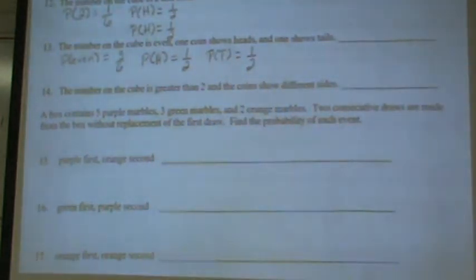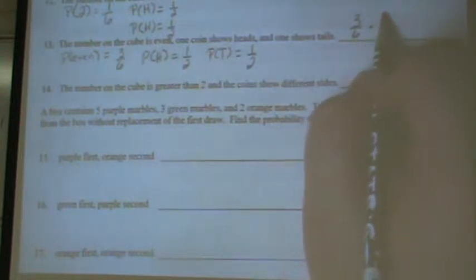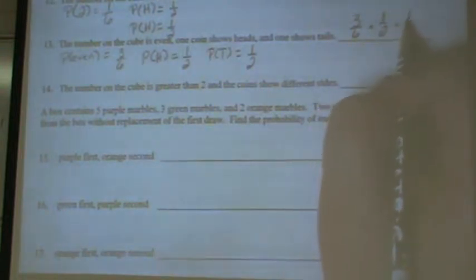The probability of getting heads on the first coin is 1/2, and the probability of getting tails on the second one is 1/2. These are independent events, so we're going to multiply through. So we're going to have 3/6 times 1/2 times 1/2.